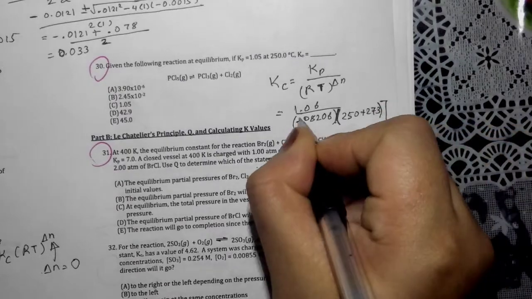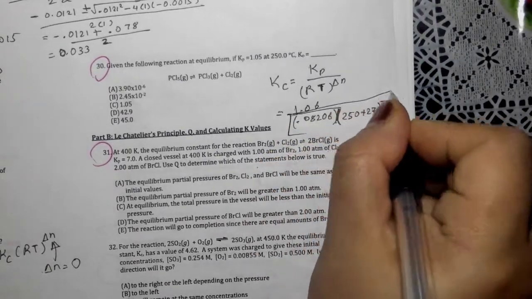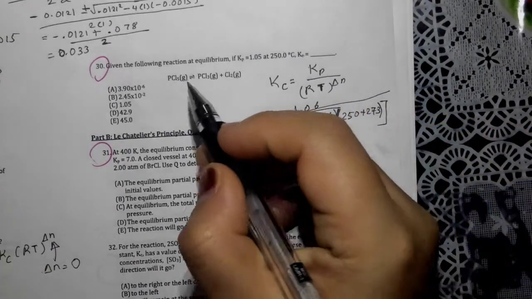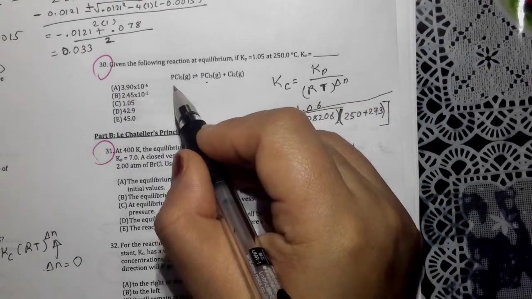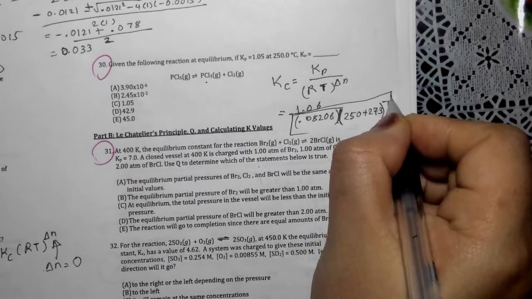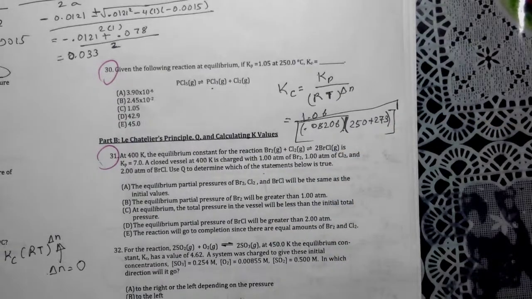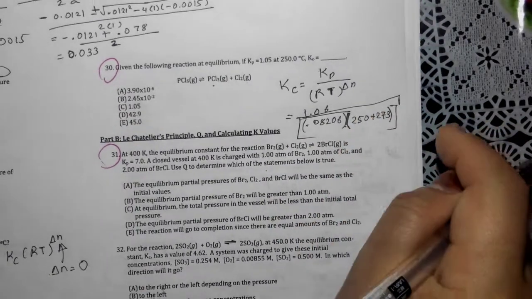And then the whole thing is gonna be raised to the power of delta n, the difference of product minus reactant. Product is 2, reactant is 1, so 2 minus 1 is 1. So we're gonna solve this.